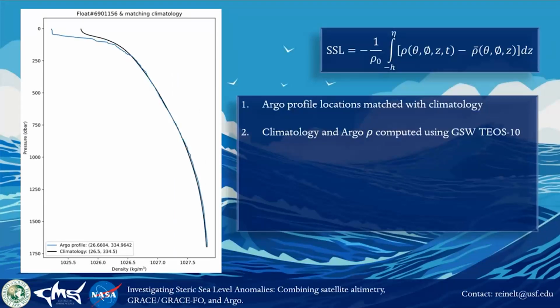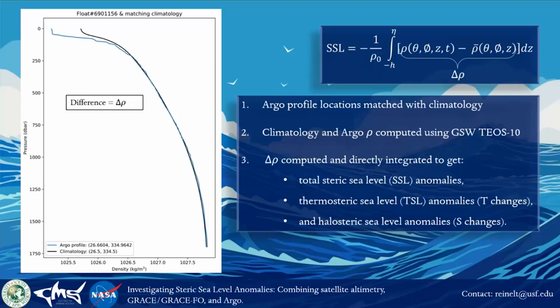So for our calculations, we first match an Argo profile location with an Argo climatology, and then we calculate the density for both the Argo and climatological values using a thermodynamic equation of seawater. And this figure right here shows the depth density profile of Argo in blue, and its matching climatological values in black.